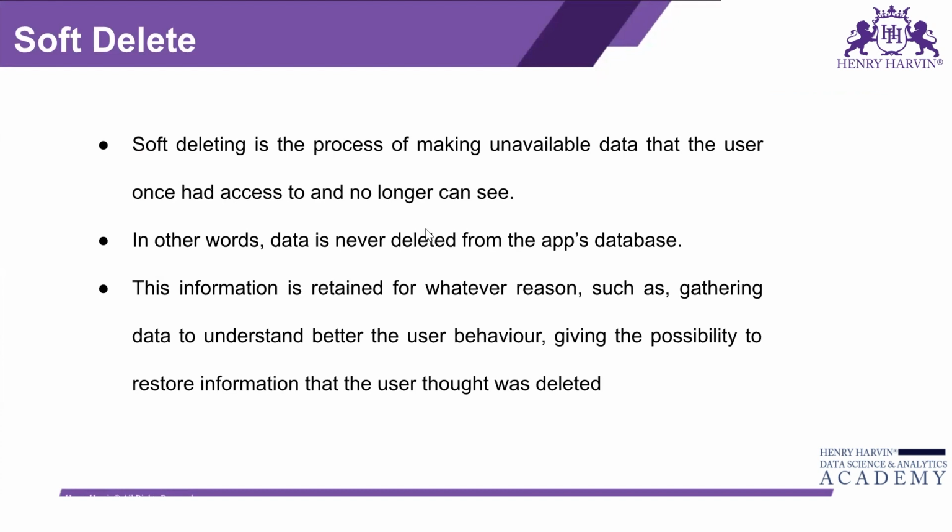A soft delete involves marking records as deleted without physically removing them from the database. Instead of deleting the record entirely, you add a flag or a column to indicate that the record is no longer active, or no longer visible.